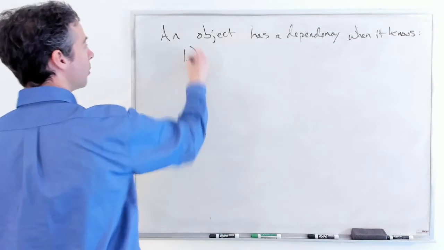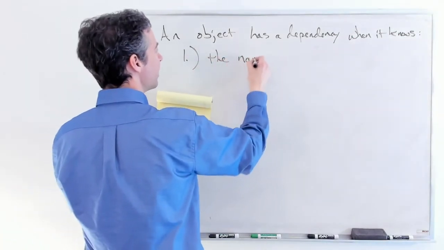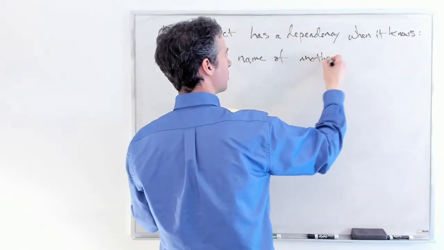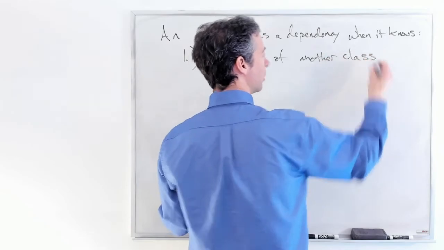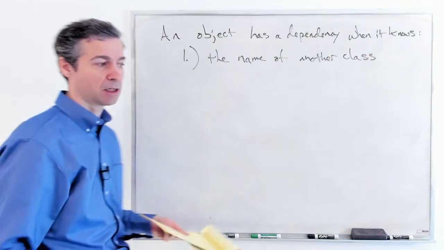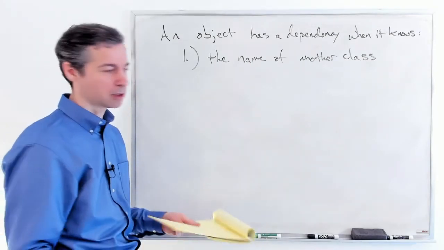The first one is what we've already seen, which is that it knows the name of another class. In that example, the birthday method knew the name Date, and it expected it to exist. It had to exist, so it was dependent upon it.